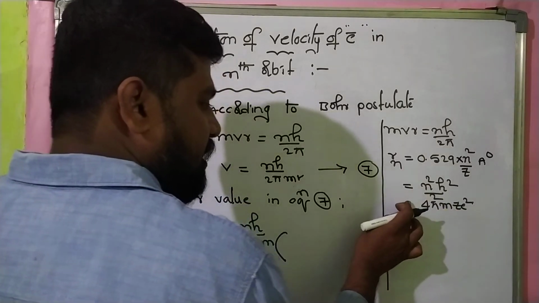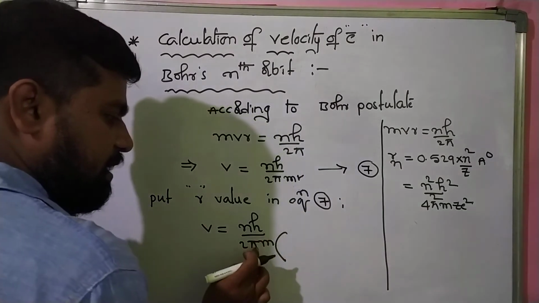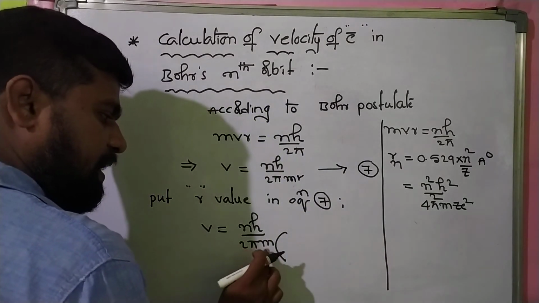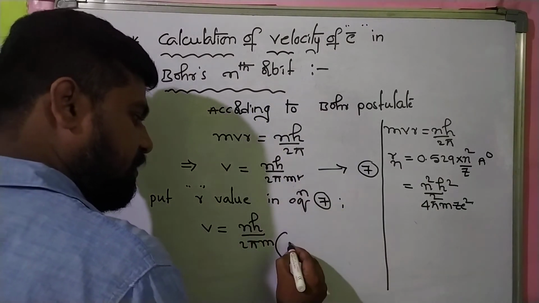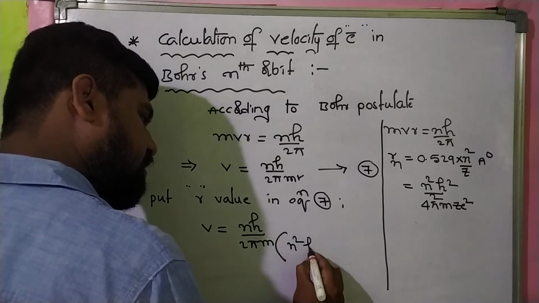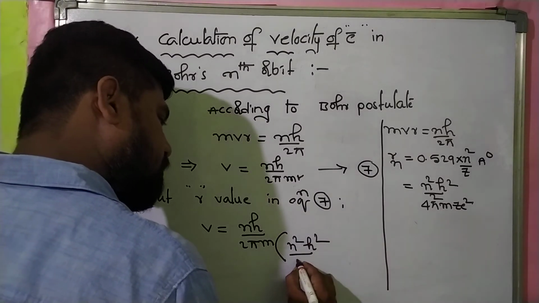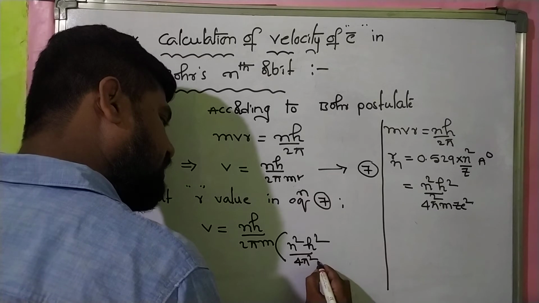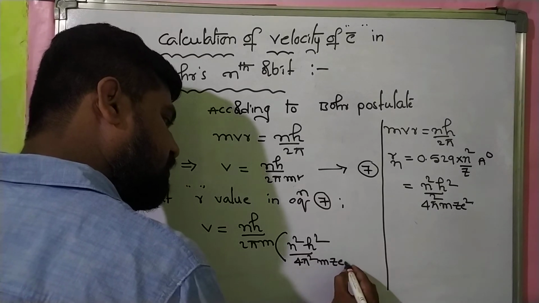Now put this value here: 2 pi m, and the r value n square h square by 4 pi square m into Z e square.